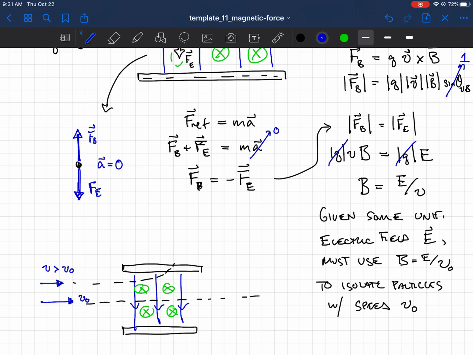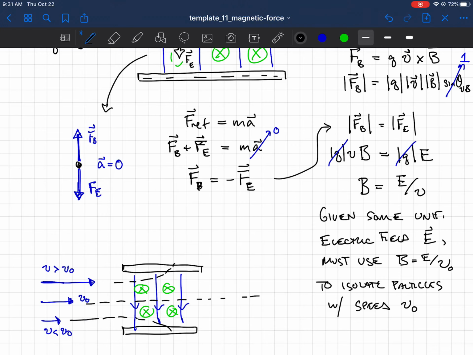And if you have, oh, I drew this wrong, didn't I? I wanted this to be a larger one. So that's greater than V naught. And then if we have a smaller than V naught vector, then the magnetic force here will be smaller than the electric force, and therefore the electric force will dominate, and the trajectory will look like this.